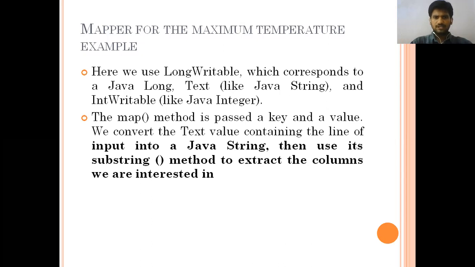We convert the Text value, converting a line of input into a Java string. Then we use the substring method to extract the columns we are interested in. We mentioned that in one line, multiple data are available. That data set's lines we saw in the last class. In between we have dots, and dots are nothing but data in between.